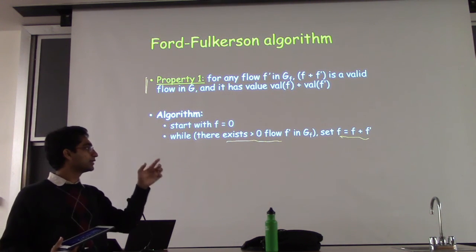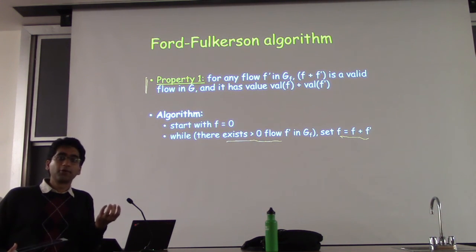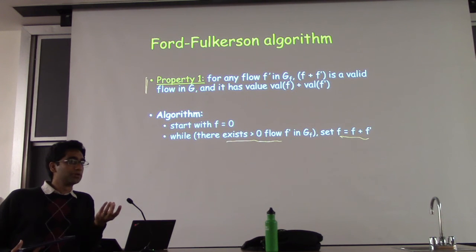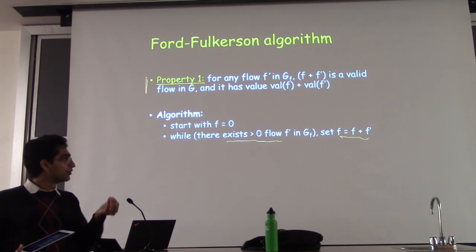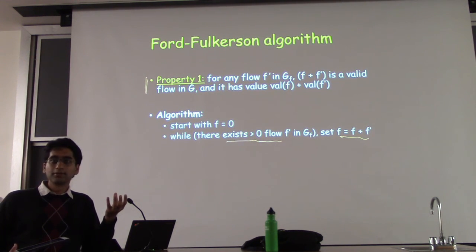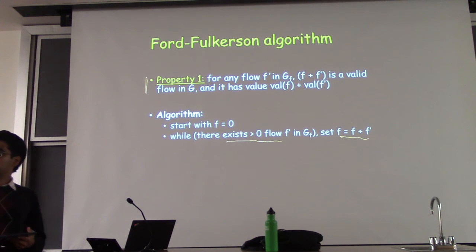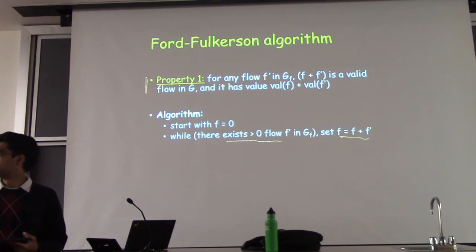But this, as I wrote it, is kind of a chicken and egg thing, right? So how do you start this algorithm? You're saying initially the residual is the graph itself. You're saying first find some flow and move along. So why is this okay? Is it because you're just doing a greedy approach first?